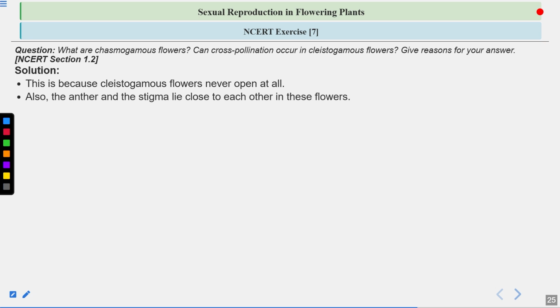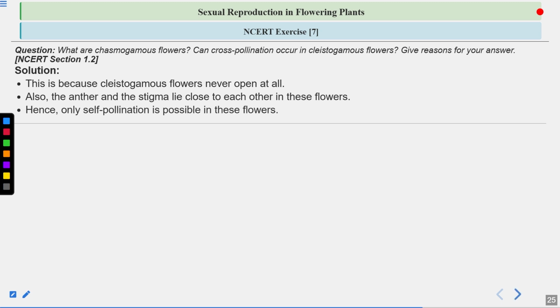Also, the anther and stigma lie close to each other in these flowers because the flower is closed, in the form of a bud. So they are very close to each other, and they help in the process of self-pollination. So in the case of cleistogamous flowers, self-pollination is possible, whereas in the case of chasmogamous flowers, cross-pollination is favorable.